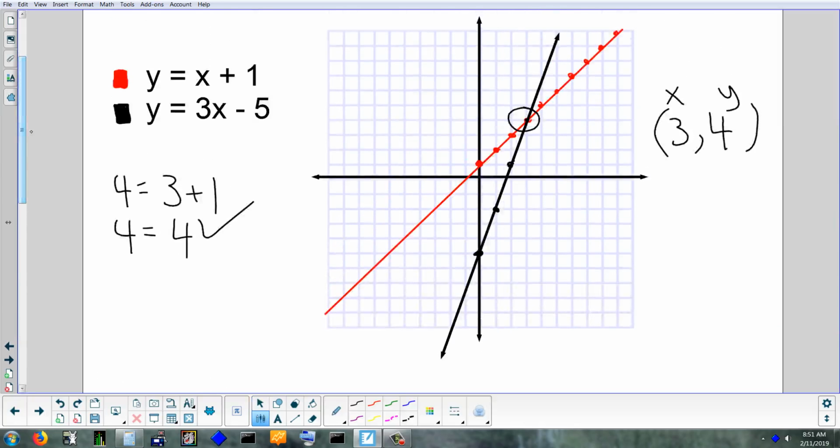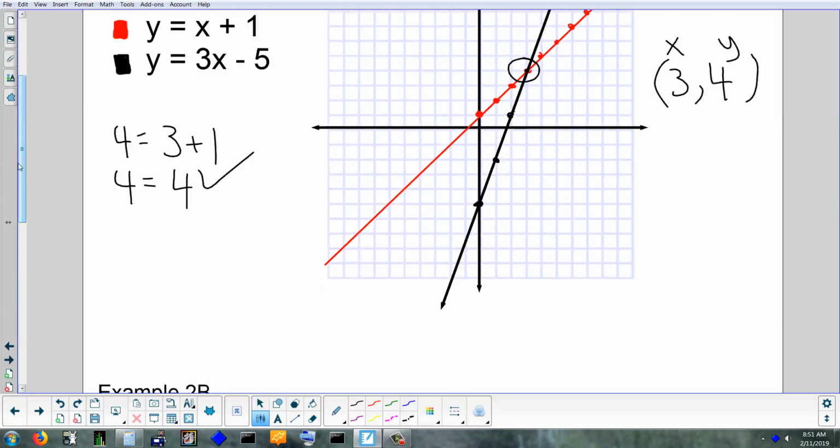Someone tell me now. Again, I've got 3, 4 as my coordinate, right? What's my second equation going to look like with x and y plugged in? What do you think, Garrett? Well, here it is.